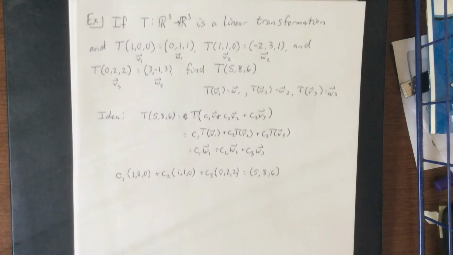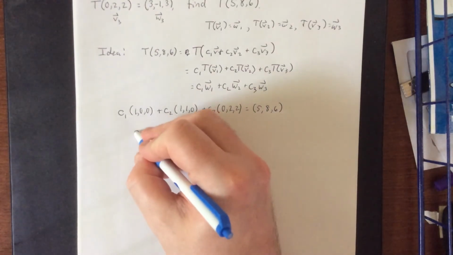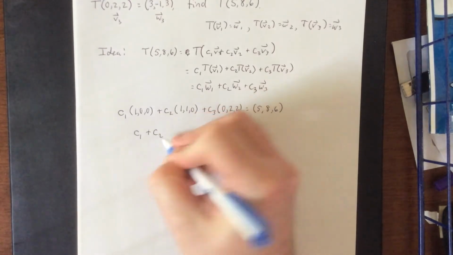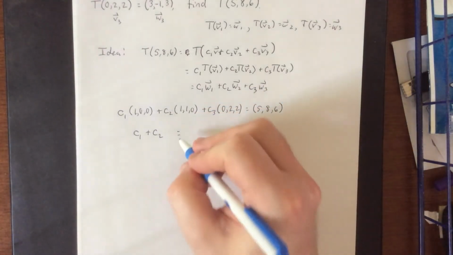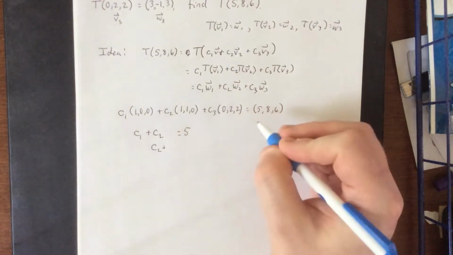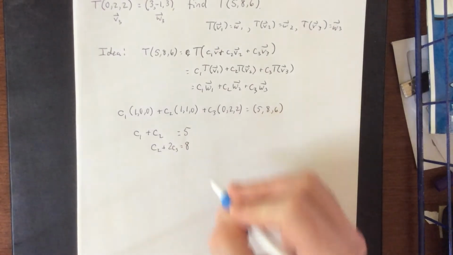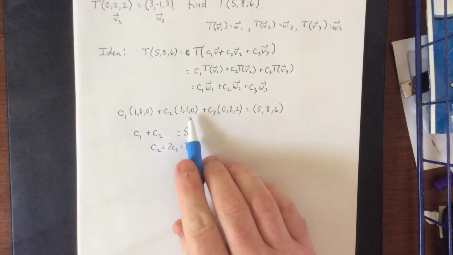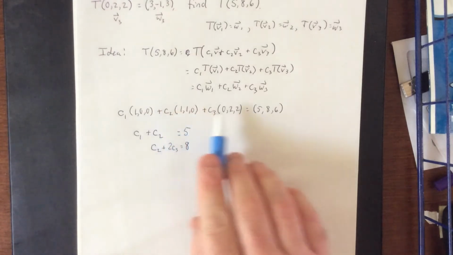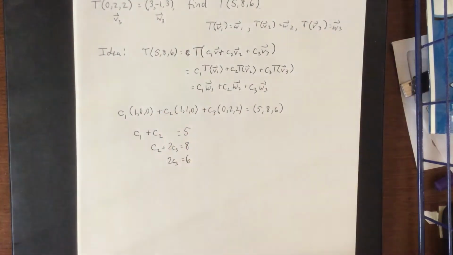Now if we set these corresponding components equal to one another, the first component is going to be C1 plus C2. And that's going to be equal to 5. The second component will be C2 plus 2C3. That's going to be equal to 8. And then for the third component, I'm seeing 0C1, 0C2, and 2C3. And that'll be equal to 6.